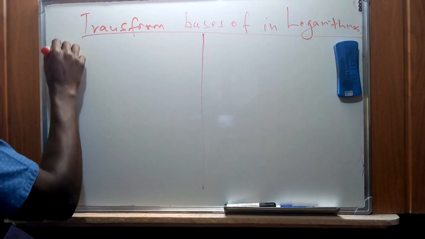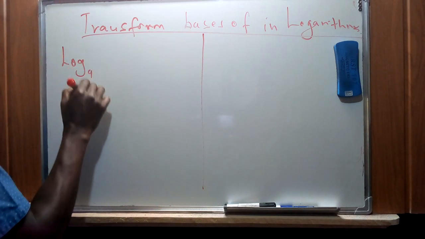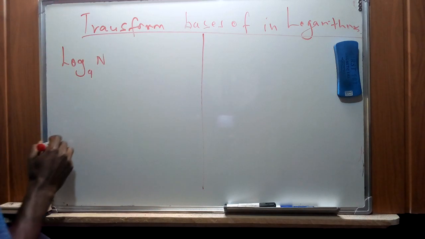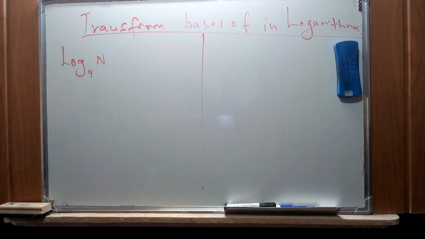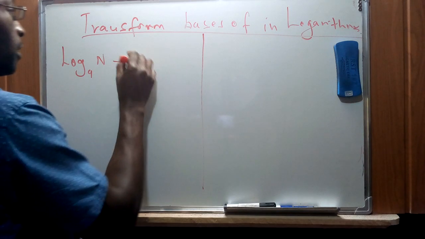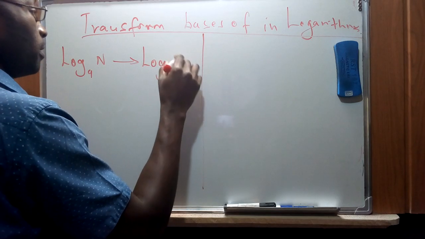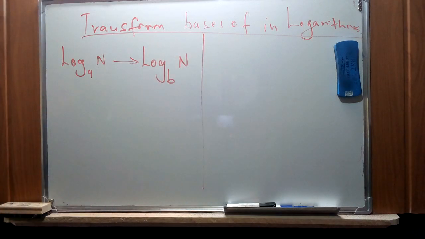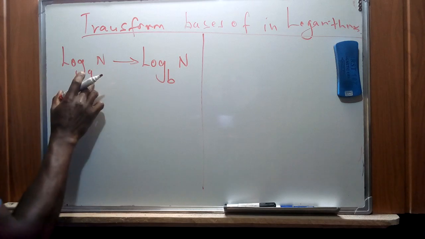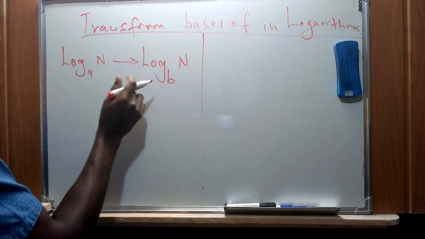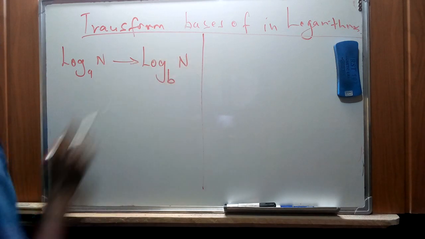So suppose we have a logarithm to base a of a number n, and we want to transform it to a different base b of that number n. So this is log to base a of n, which we want to transform into log to base b of n.